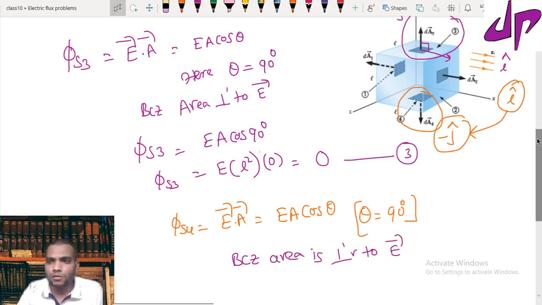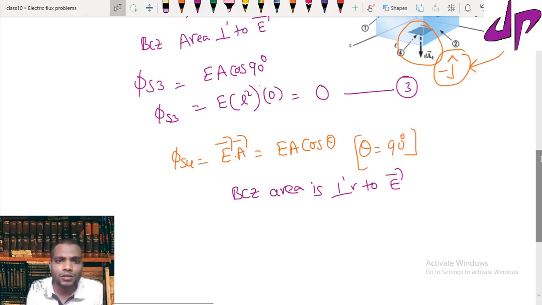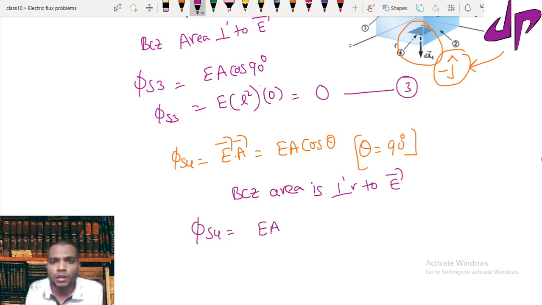In this case also, cos theta value becomes 0. The flux through surface 4 equals E A times cos 90 degrees, area L into L gives L square, cos 90 equal to 0, so the final value goes to 0.